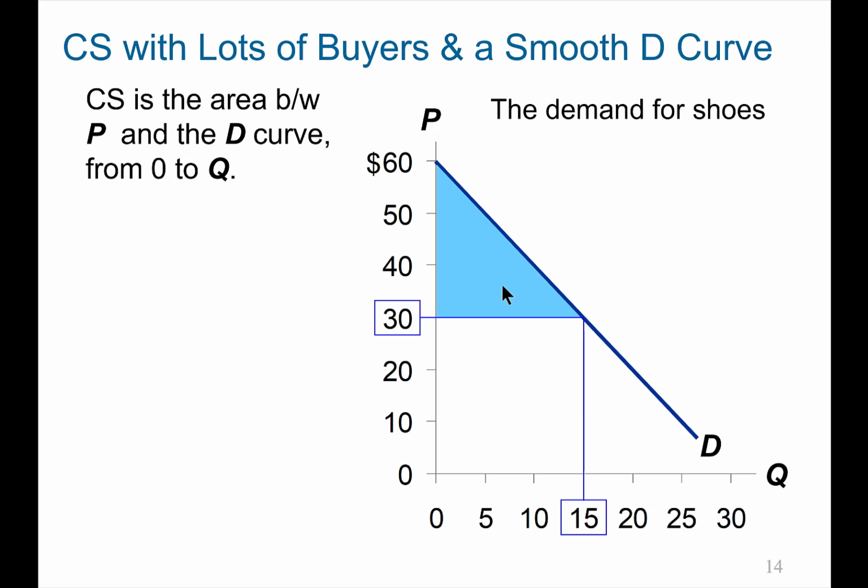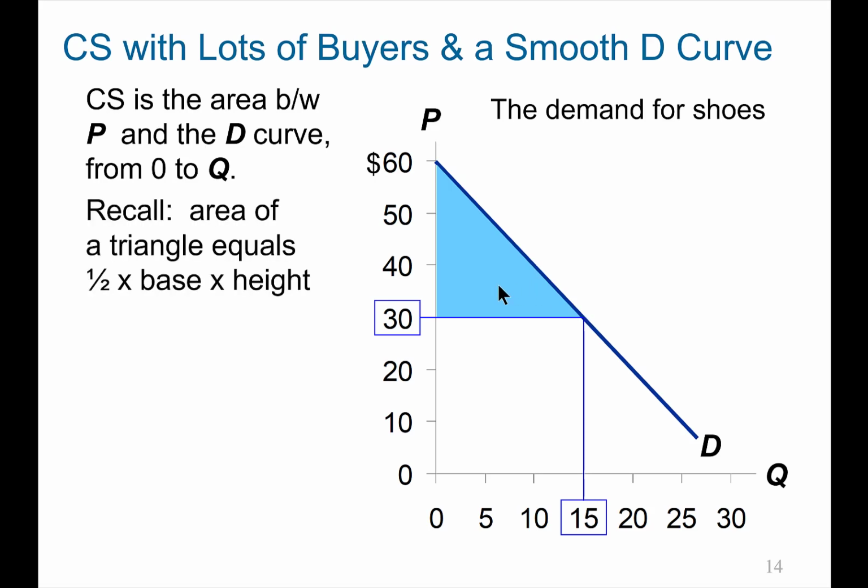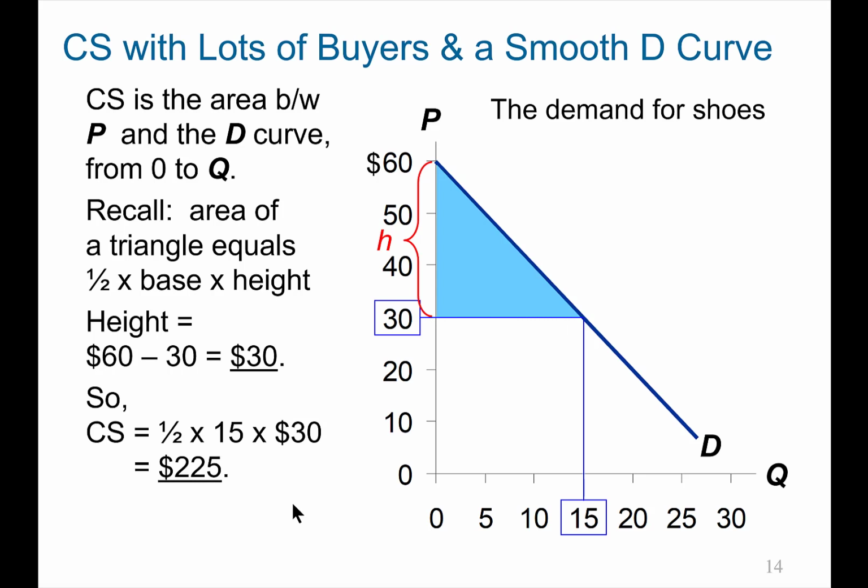So you'll need to find the area of this triangle to find consumer surplus at a price of $30. And remember, the area of a triangle is 1/2 times the base times the height. So our height here is 30, 60 minus 30 is 30, and our base is 15. So 1/2 times the base times the height is 225.